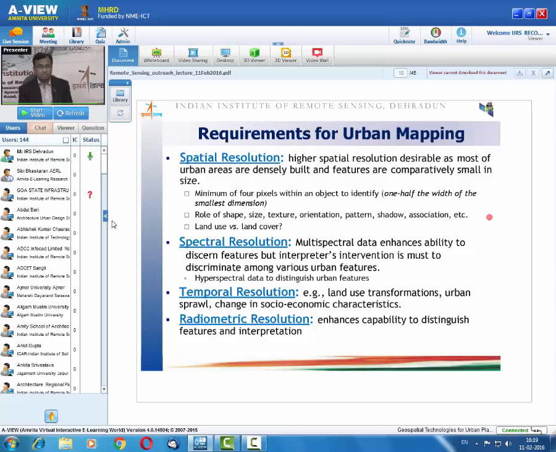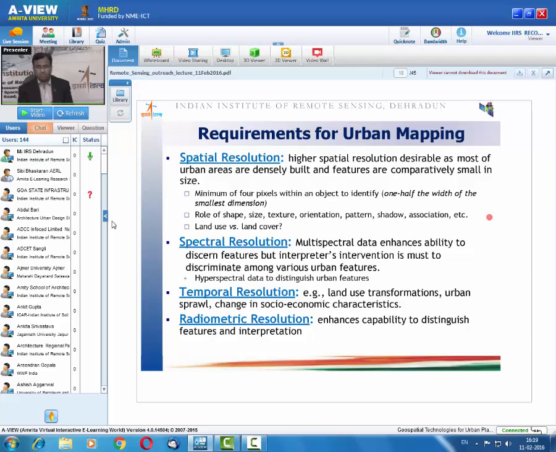Now let us come to the spectral resolution. We understand spectral is nothing but the number of bands, because more bands means our spectral distinction between features becomes better. When the number of bands is more than one, it constitutes multispectral data, which enhances the ability to distinguish features, but we require further interpretation skill to distinguish between the various urban features.